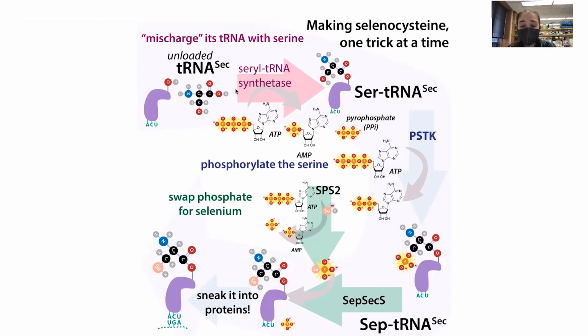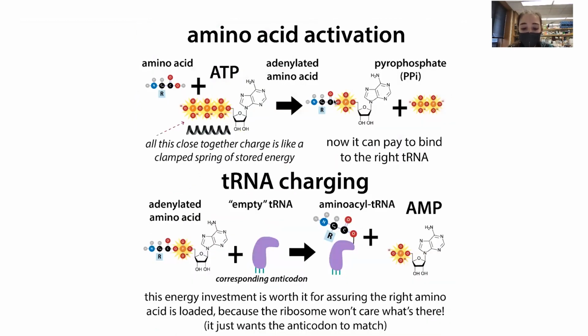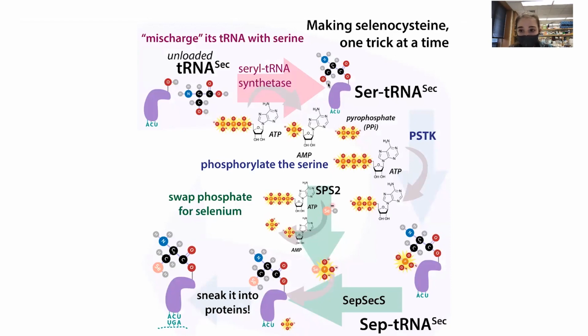So this is going to be the thing that adds the amino acid onto the tRNA in that activation step. Selenocysteine is going to use serine's tRNA synthetase, and so the tRNA is actually going to get loaded with a serine.